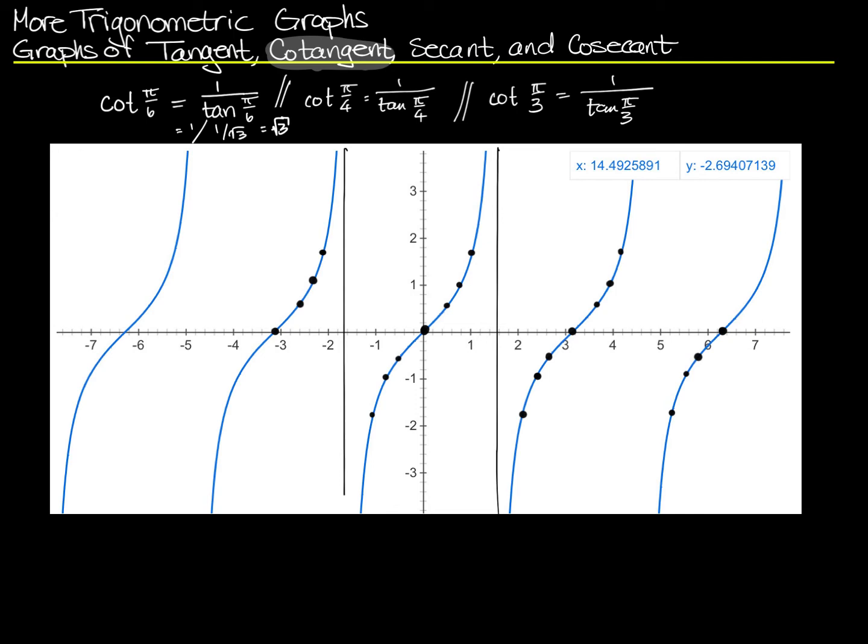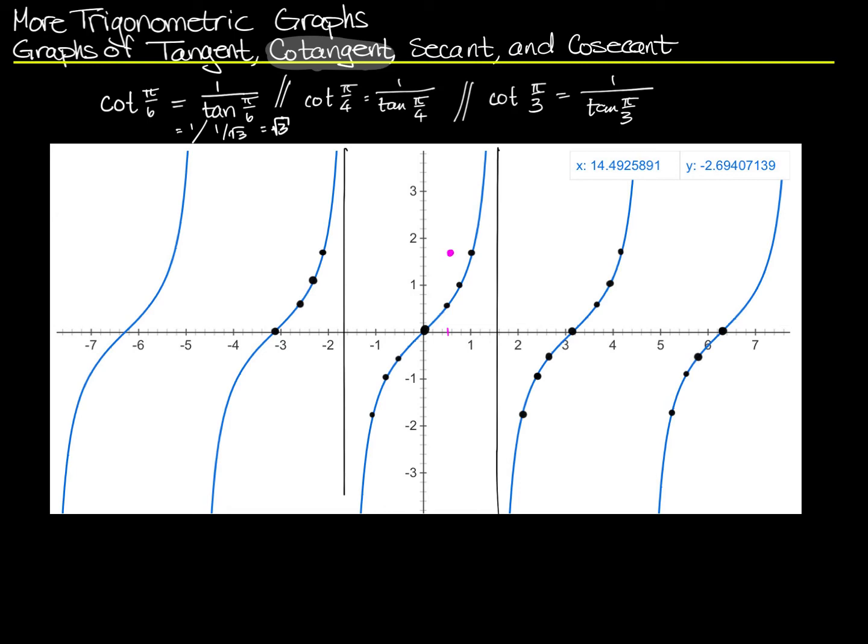Let's call it there. When I'm at pi over 6, tangent is 1 over root 3. But cotangent is 1 over that, which is, what did we say? 1.73. In other words, cotangent of pi over 6 has the same height as tangent of pi over 3.